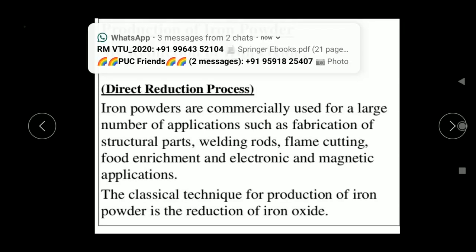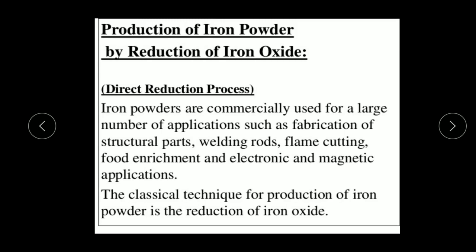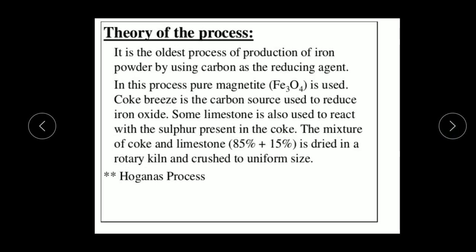Iron powders are commercially used for a large number of applications such as fabrication of structural parts, welding rods, flame cutting, food enrichment, and electronic and magnetic applications. The classical technique of production of iron powder is the reduction of iron oxide. Let us see the theory of this process. It is the oldest process of production of iron powder, using carbon as the reducing agent.